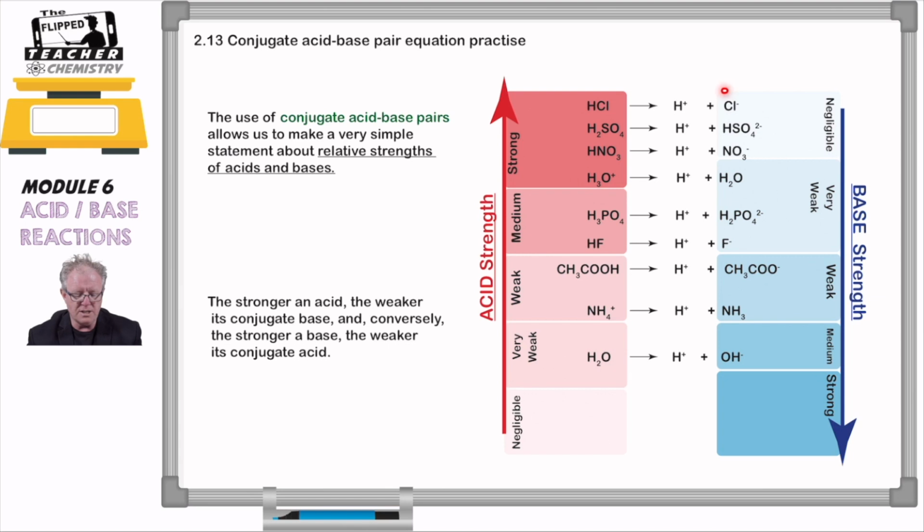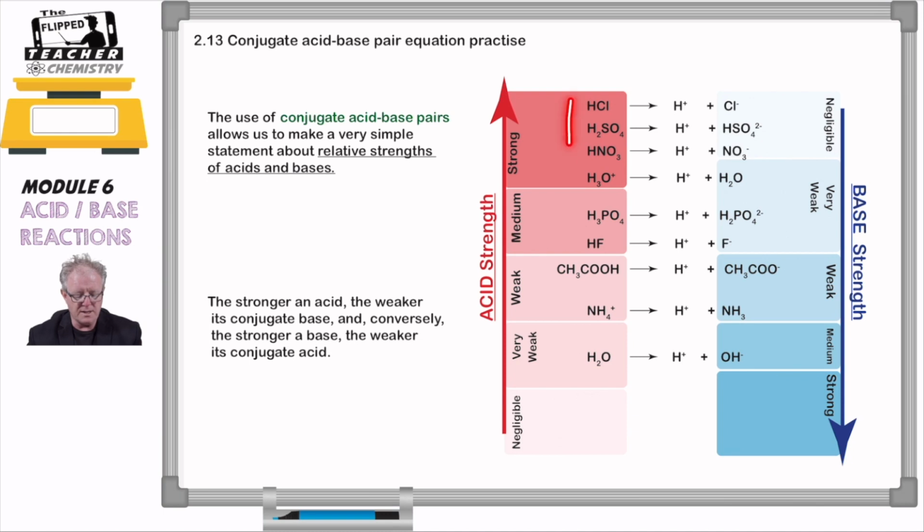Which means it's not really going to go backwards. If I had some chloride ions just sitting in the water there, they're going to be surrounded by the water, but they're not going to really react with a H plus to form hydrochloric acid. Not going to happen. So in this instance, we have complete dissociation. All right.